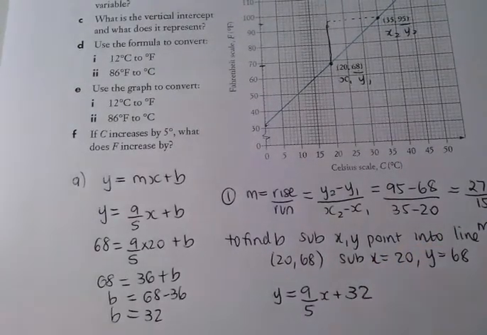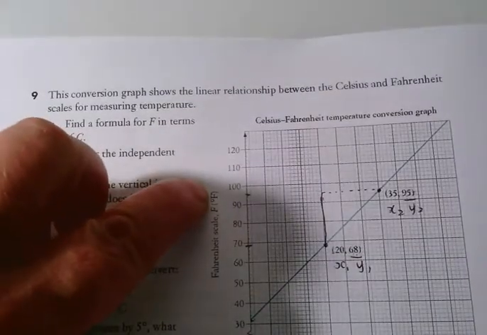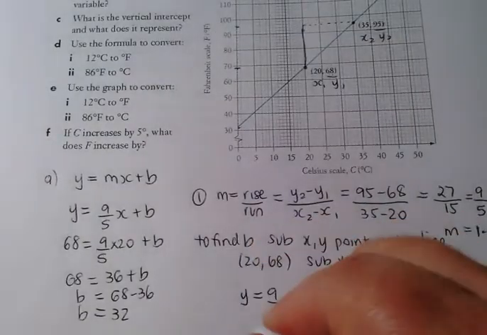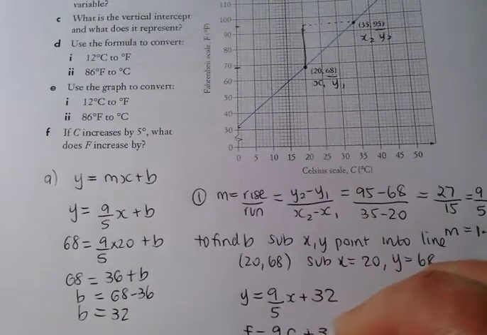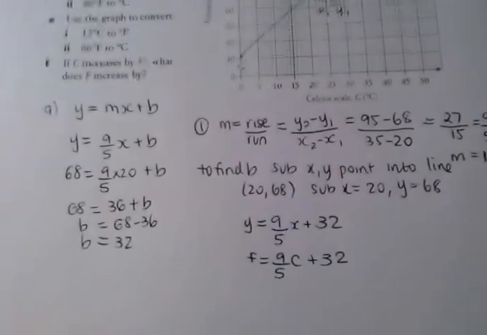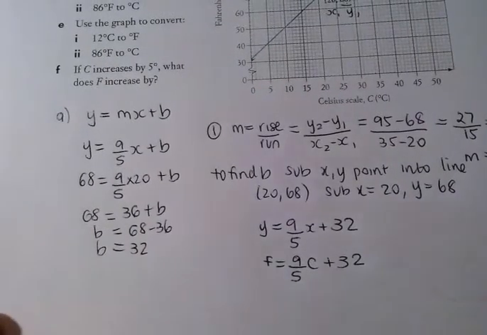Now we do not have a y-axis and an x-axis. We have an F in place of y and a C in place of x. So it will be F equals 9 over 5 times C plus 32. So that's part A, writing down the formula.